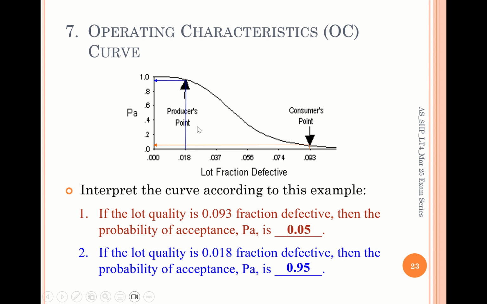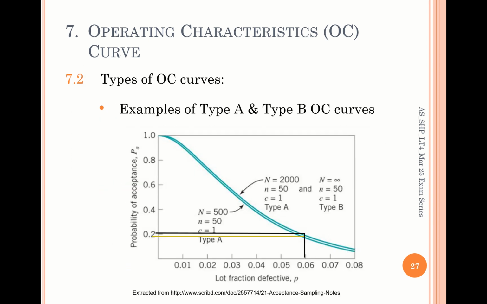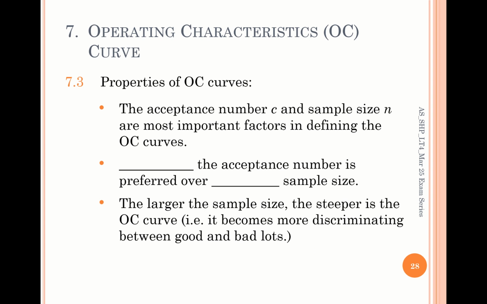So what causes the OC curve to have that particular shape? Two things: acceptance number and sample size. How much sample you test, and what's your acceptance number?